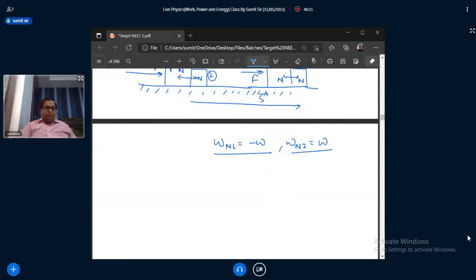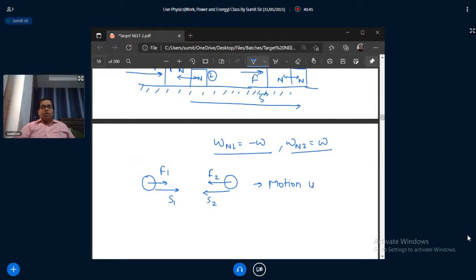But suppose you release two balls under their own gravity, with forces F1, F2, and there is a displacement of S1 and a displacement of S2. Motion under own gravity.